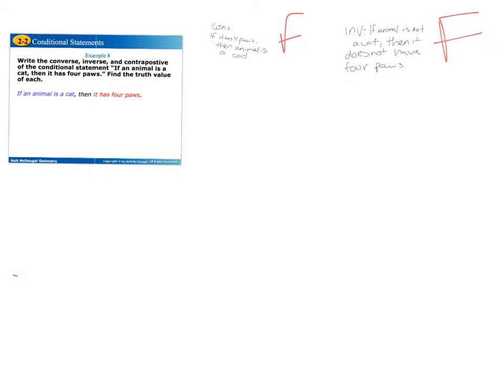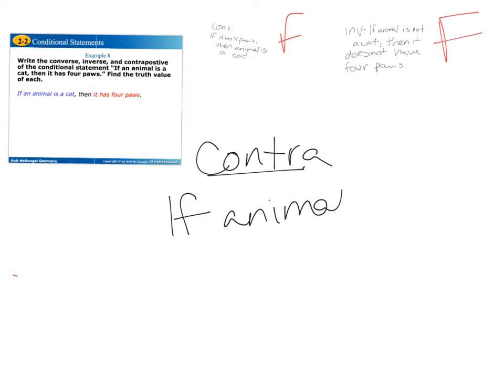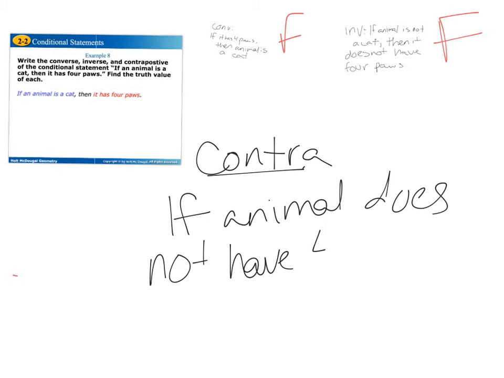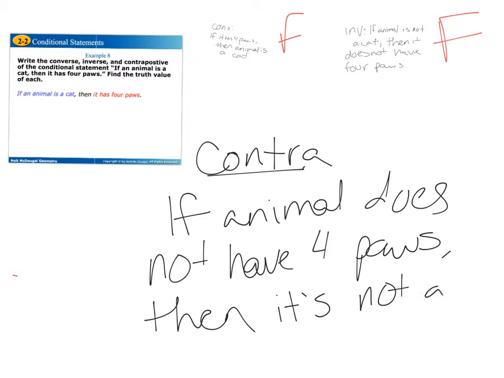And last we have the contrapositive. So I'm going to switch them and make a negative. I'm going to say, if an animal does not have 4 paws, then it's not a cat.